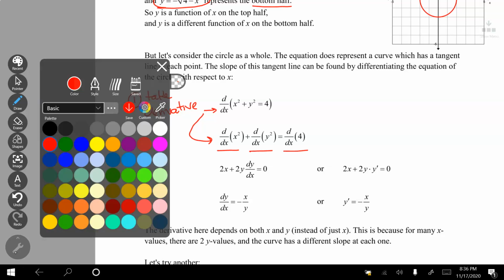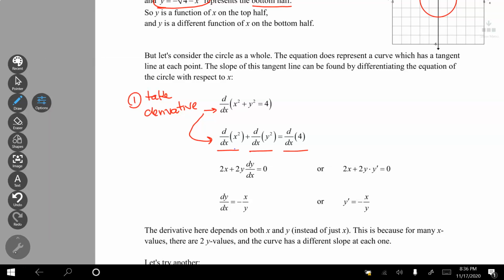Well, we've talked about this. The derivative of x squared is just 2x. The derivative of y squared is the 2y with this extra dy dx, or this y prime, and obviously the derivative of 4, that's a constant, that's just 0.